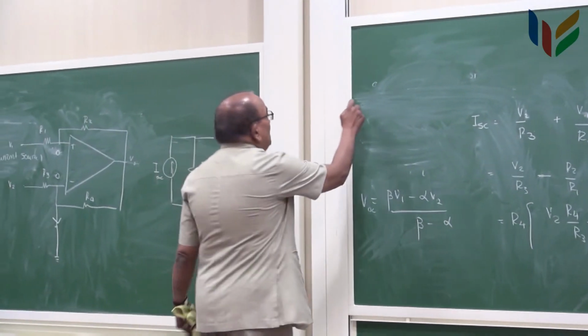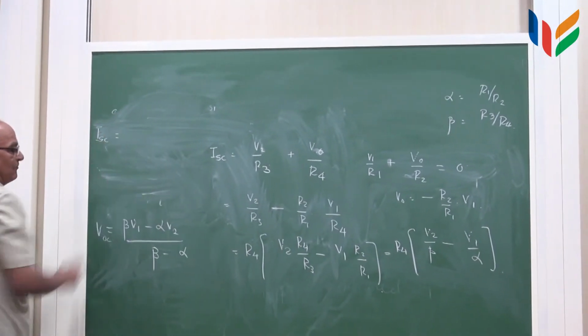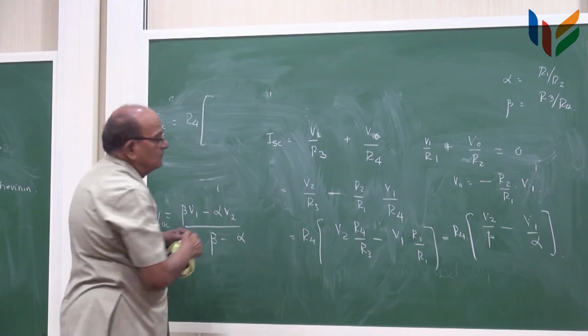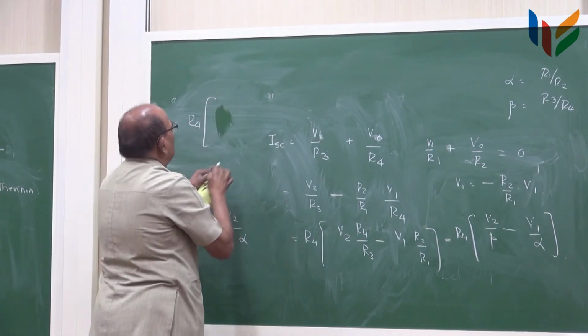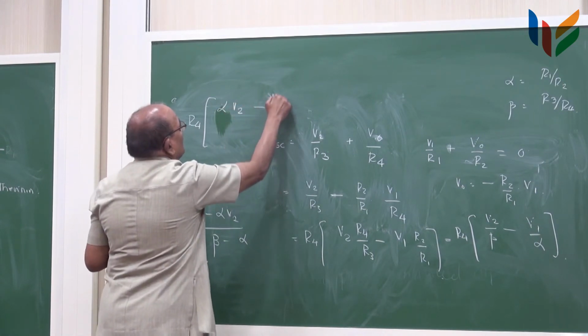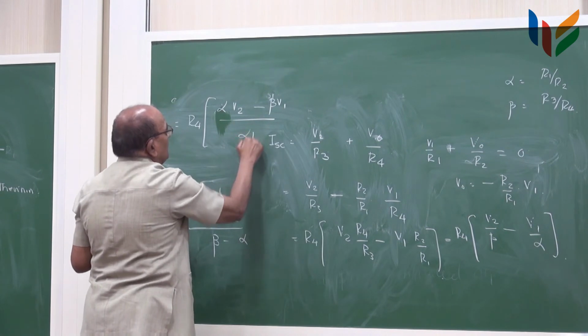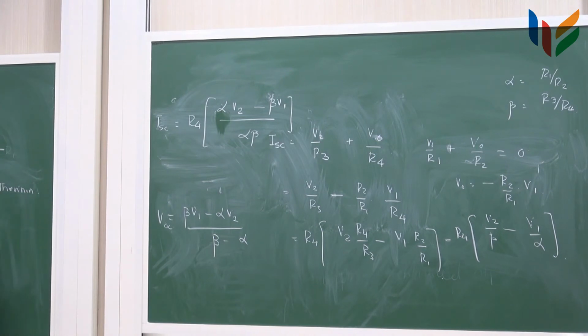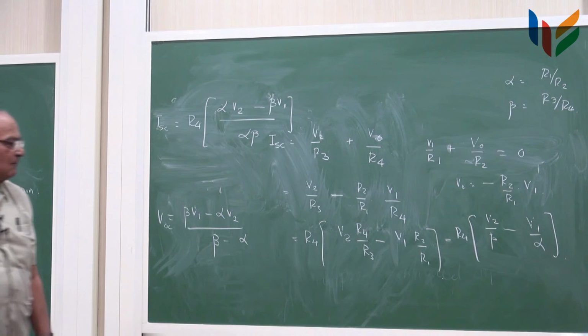So what is my ISC? One by R. In the common thing, it should be 1 by R1.